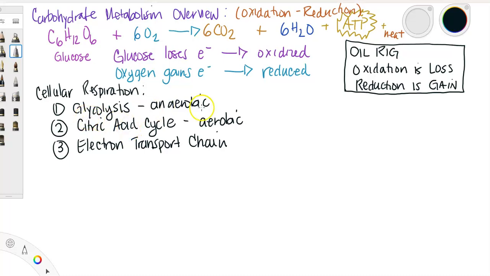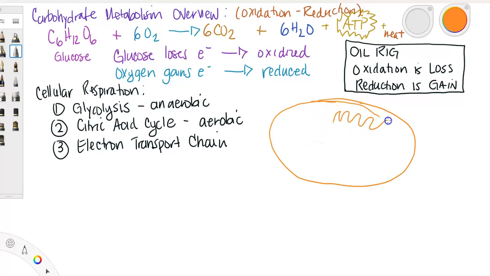Okay, so in the cell, there's this little machine, or whatever you want to call it, called the mitochondria.